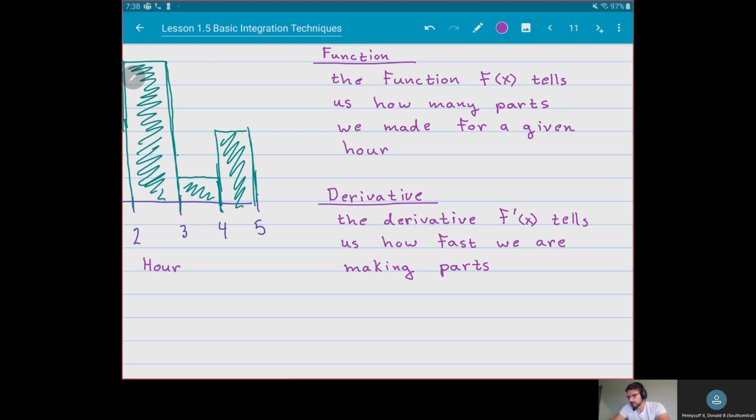So the derivative is speed, called rate of change. That's what the derivative tells us.